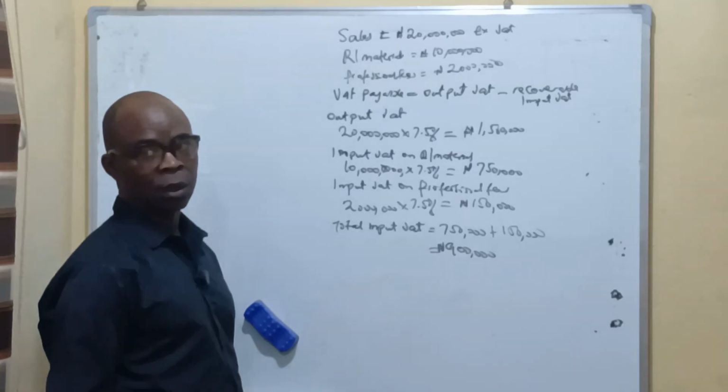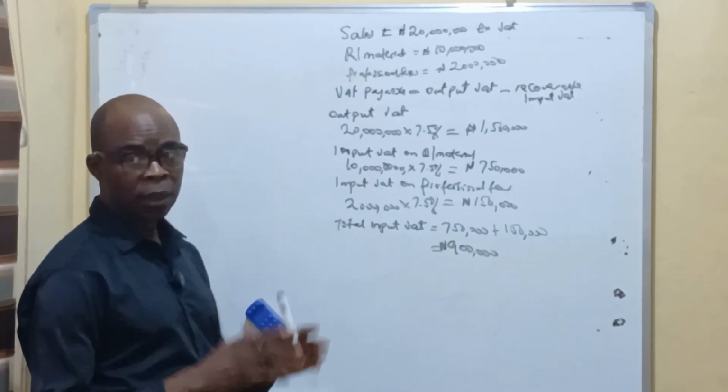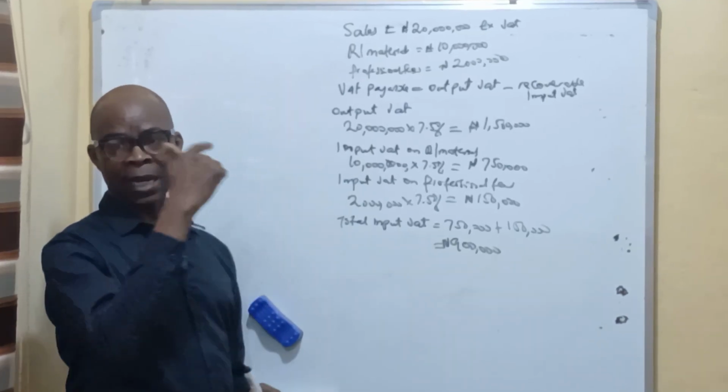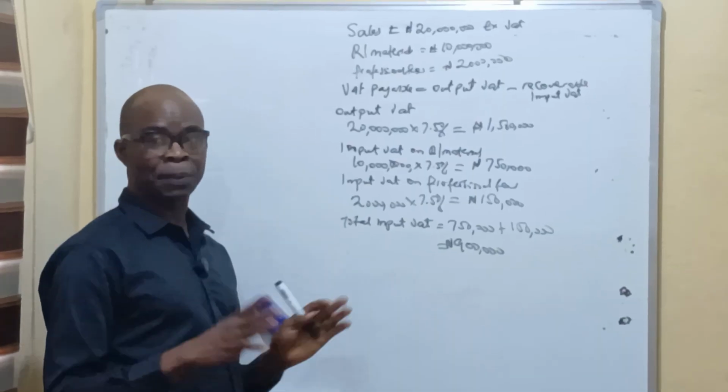Beautiful. Then the fifth step that you need to calculate now, you will apply the formula that I told you to keep in view. We are going to calculate the VAT payable.